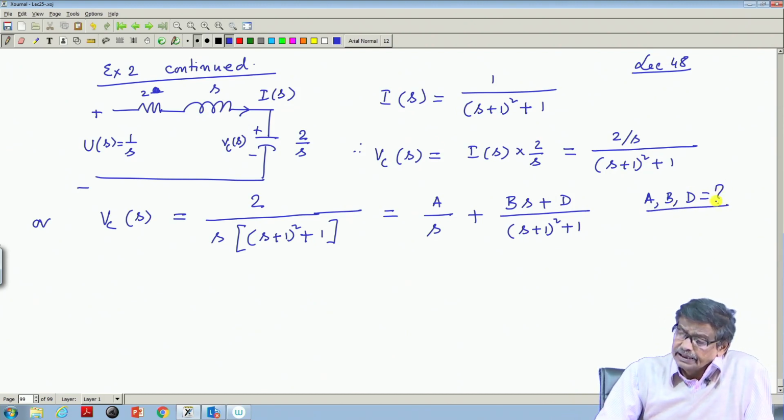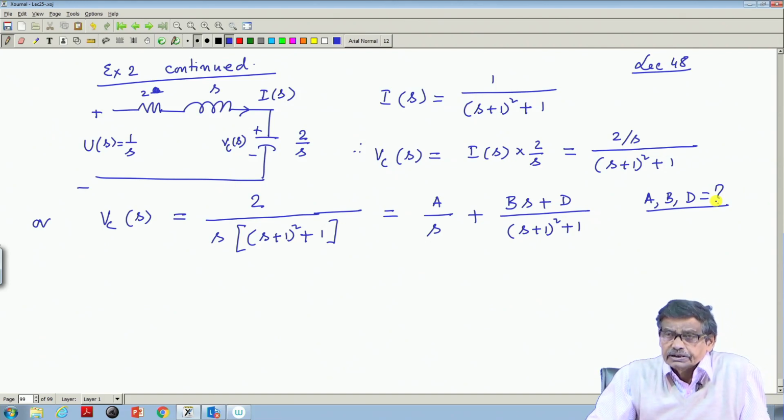Here once again we will say that this is an identity. So, you have to form 3 equations so that you can find A, B, D by putting different suitable values of s.